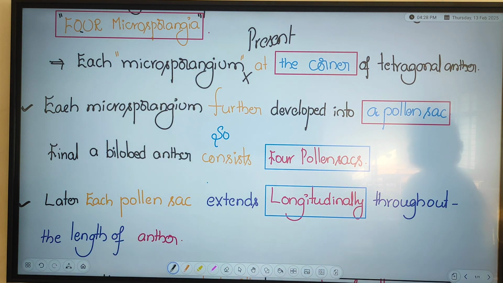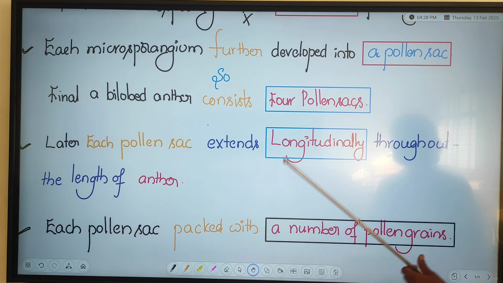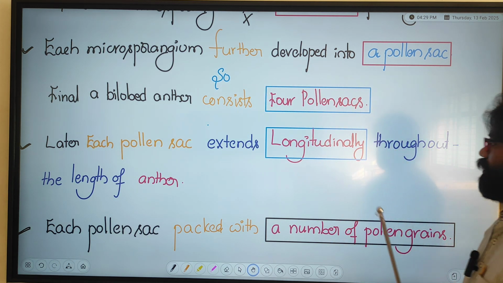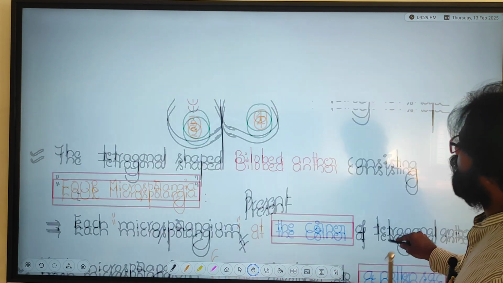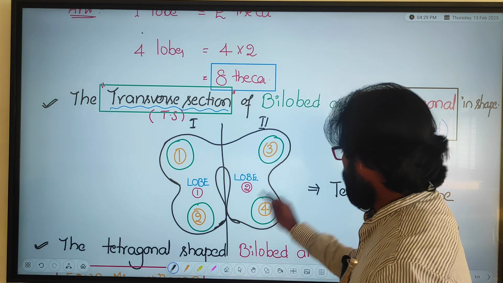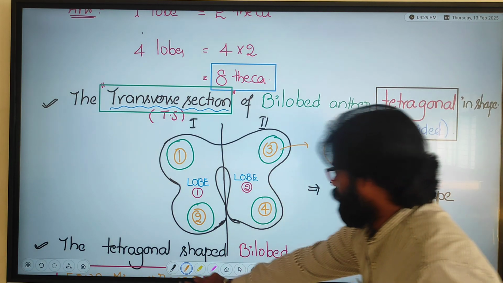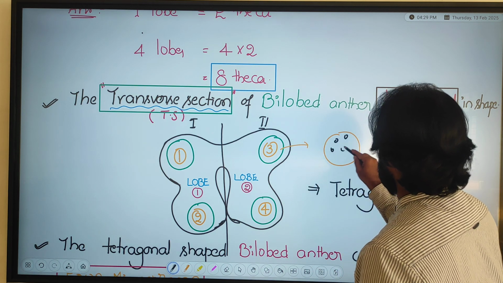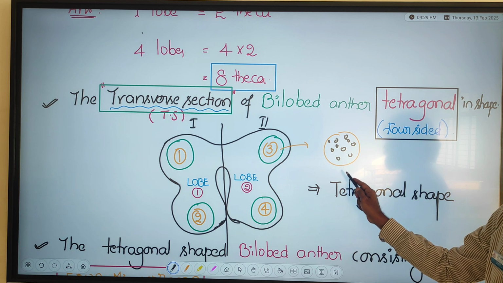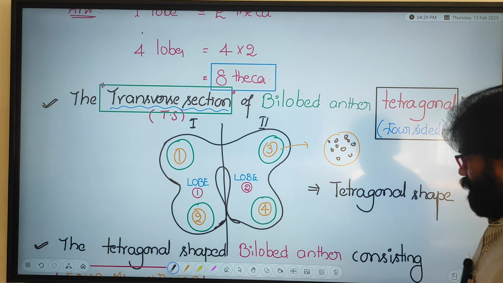They will ask you the question about location. Next, each microsporangium further develops into a pollen sac. See here the pollen sac. This is a microsporangium. If you take out this microsporangium, inside, pollen grains are developing. So each microsporangium develops pollen in its pollen sac.